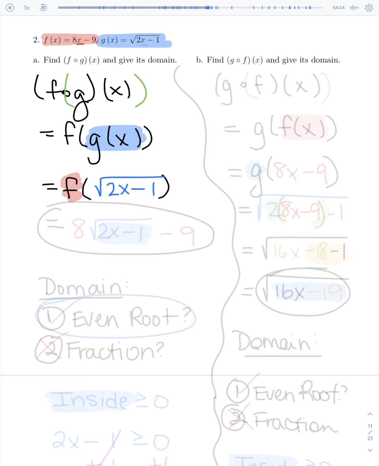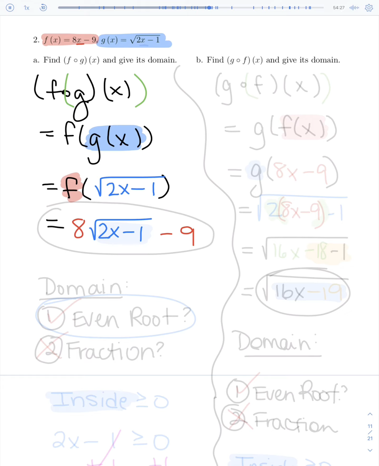So our f function has 8x, so we're going to replace that x with what was inside, the square root of 2x minus 1, and then they had a minus 9 that should be on the outside.